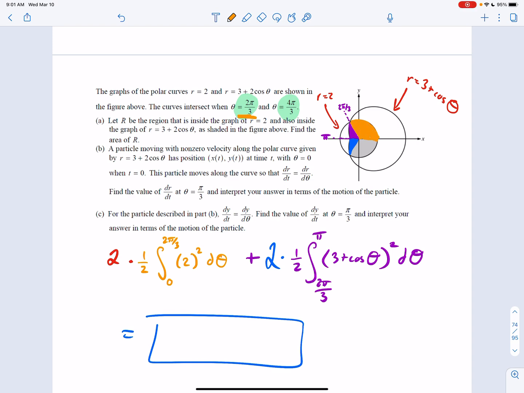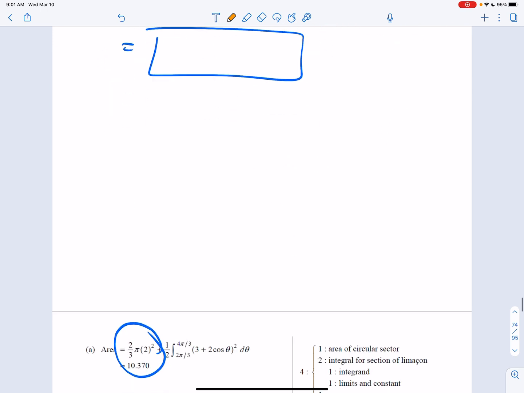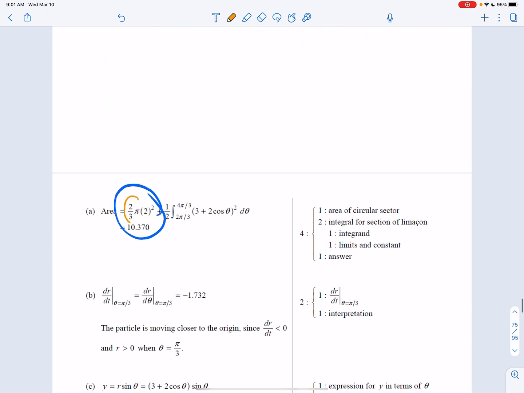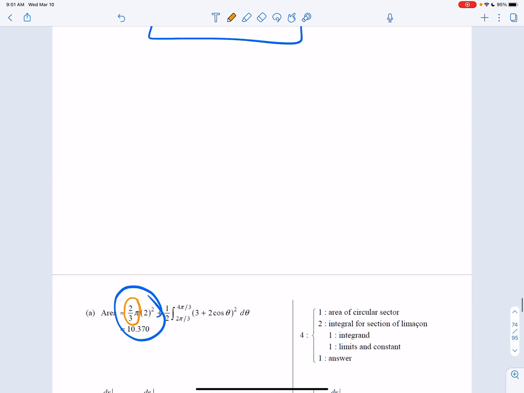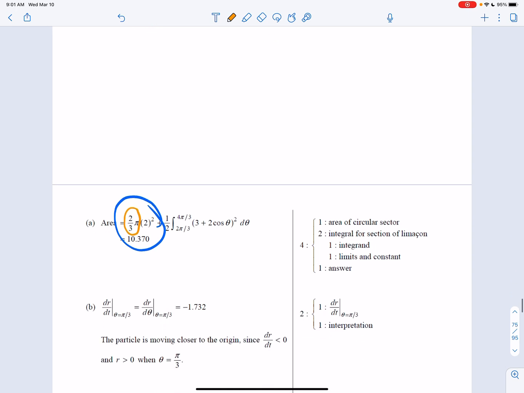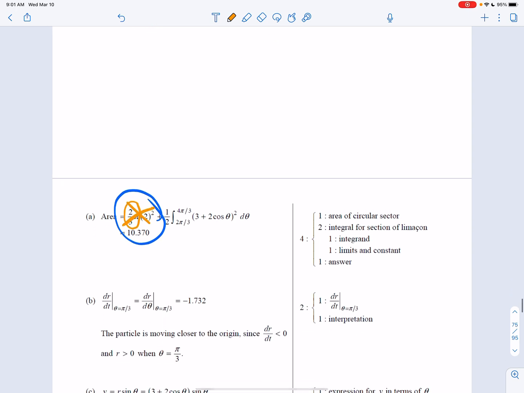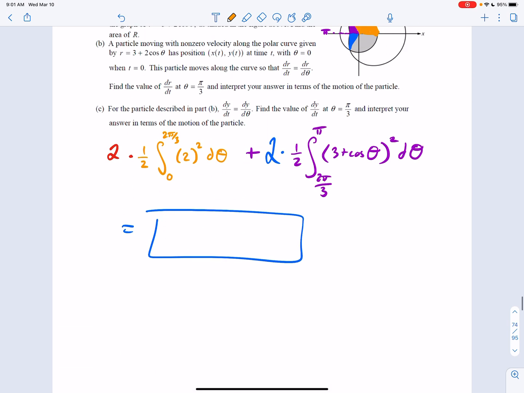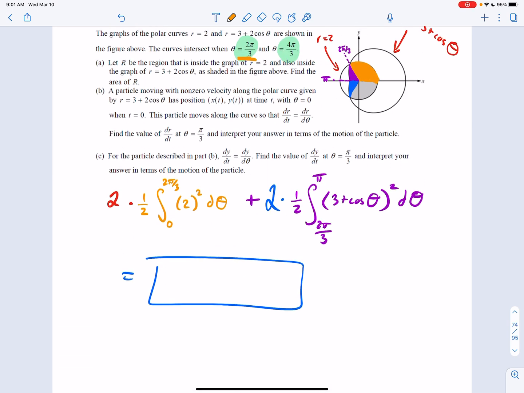So they just used the area of a circle, which is pi r squared, and then they took a sector of it. So they did 2/3 of it, 2/3 pi of 2 squared. That's basically all they did. They took a sector of it there. I personally do not recommend that because it kind of ruins the flow and the pattern. I think this is a little bit easier to understand, okay?